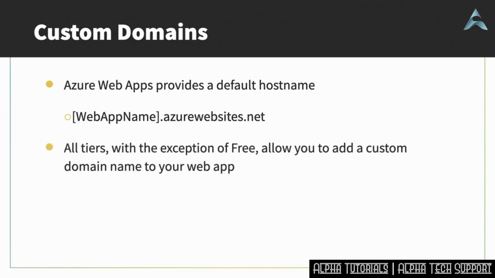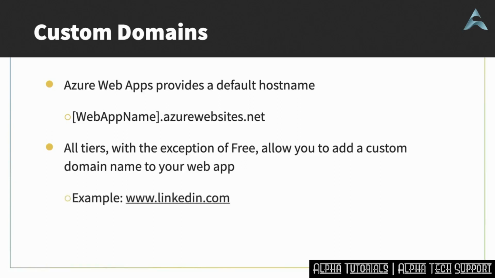We just need to run our web app in a tier that is not the free tier. All the other tiers, with the exception of the free tier, allow custom domains. If you're in the free tier, you just need to use something.azurewebsites.net. But to be honest, the free tier is not recommended for production workloads, so that's not a big issue.